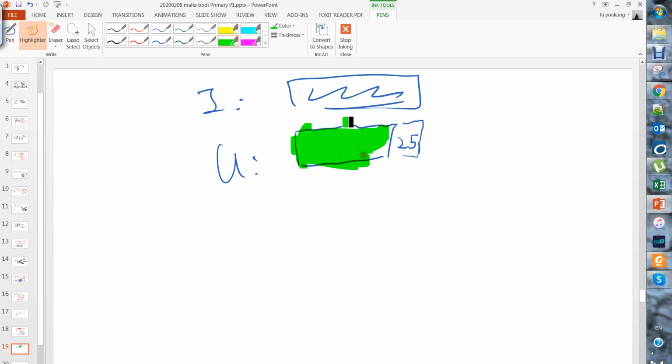So that means the green block is equal to, let's say this is called the yellow block. So the green block is equal to what? What's the operation?